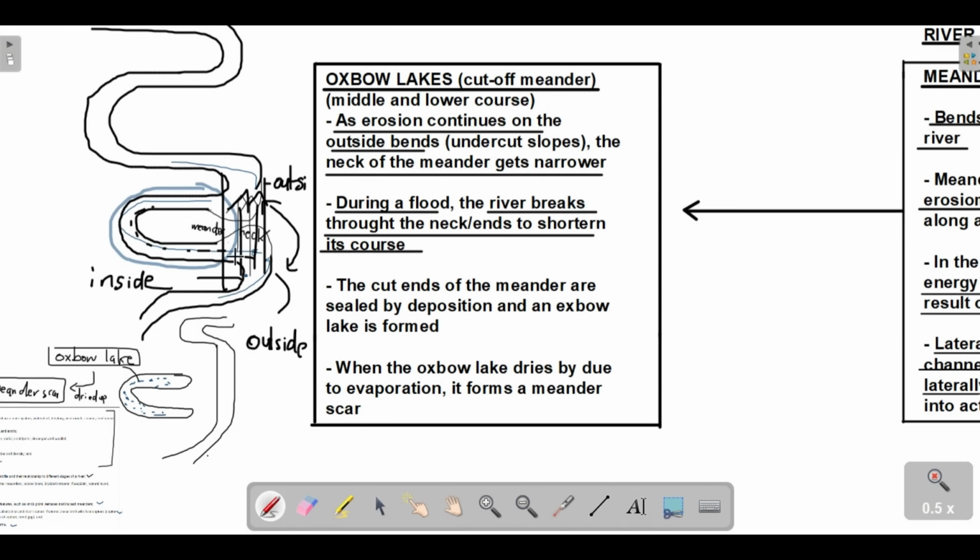Okay, so now you have formed a new channel. Now that meander loop will be disconnected and it will be left or cut off from the river system. So the cut ends of the meander are sealed by deposition. And then when the Oxbow Lake dries up due to evaporation, it forms what we call a meander scar.